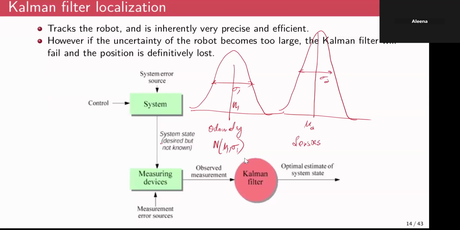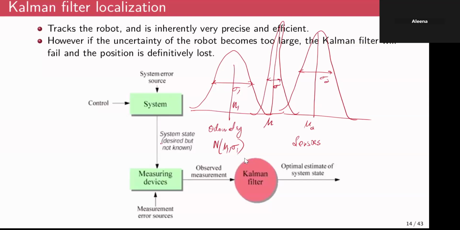So the Kalman filter basically gives an algorithm for you to fuse both of these distributions, both of these estimates, to give you another Gaussian distribution with a very high probability of estimation, right? I'll call this mean mu, and the standard deviation sigma.